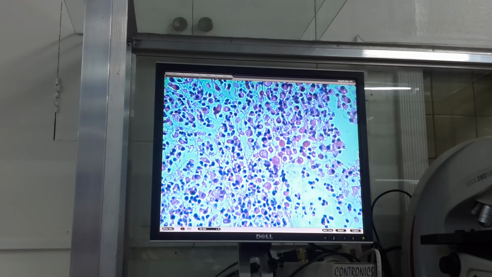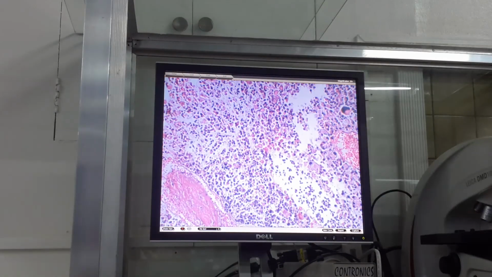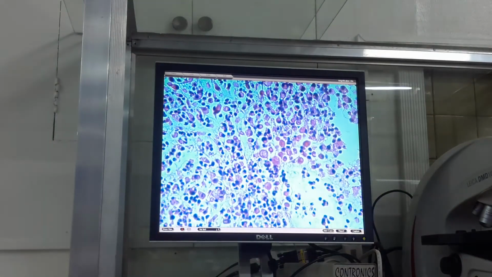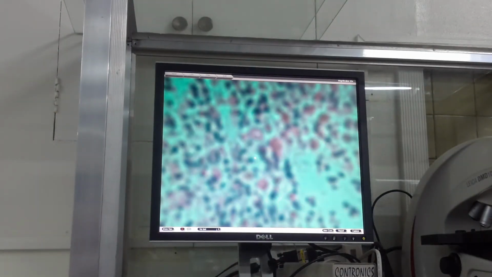What is the diagnosis for this malignancy? No. It's not eosinophilic granuloma. It is rhabdomyosarcoma, eosinophilic cytoplasm of the malignant cells. Okay? Those are rhabdomyocytes.